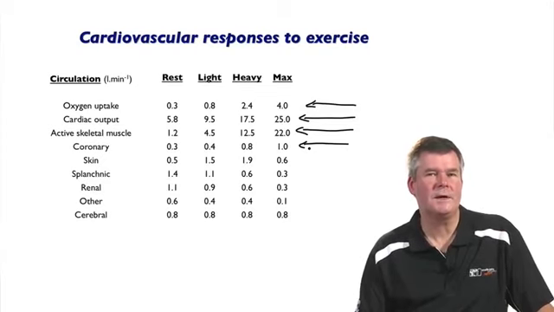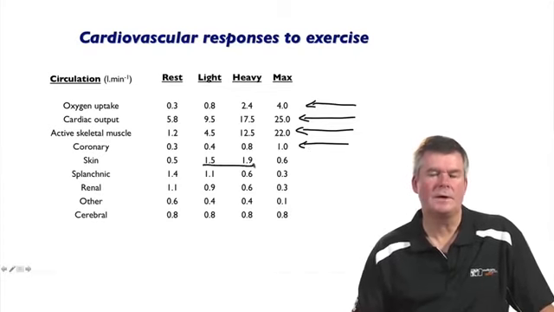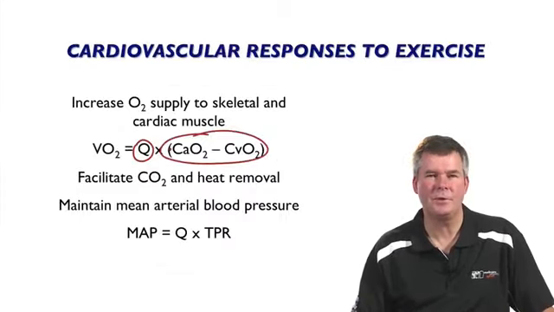And as we'll see in the next module when we talk about heat and fluid balance, an important way of removing heat during exercise is the evaporation of sweat, which requires the transfer of heat to the surface of the body, to the skin. You'll notice here that during light to heavy exercise, there's an increase in skin blood flow to facilitate this.